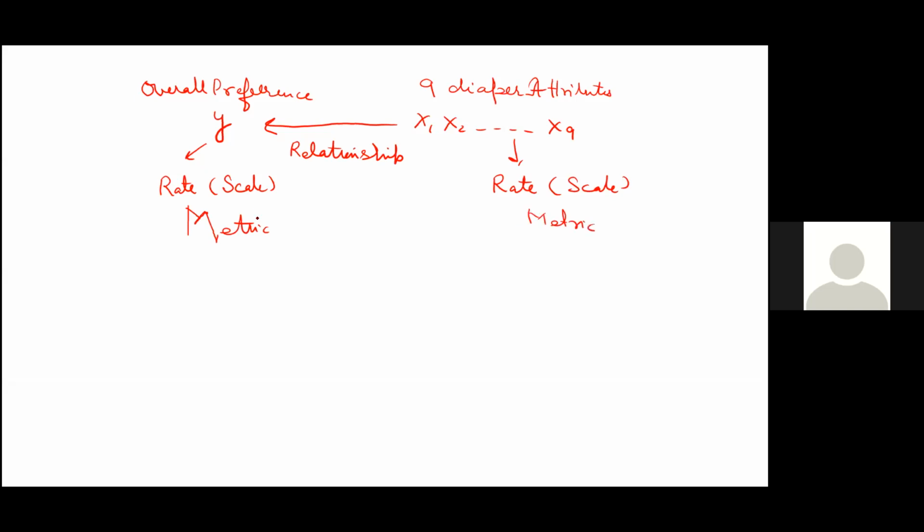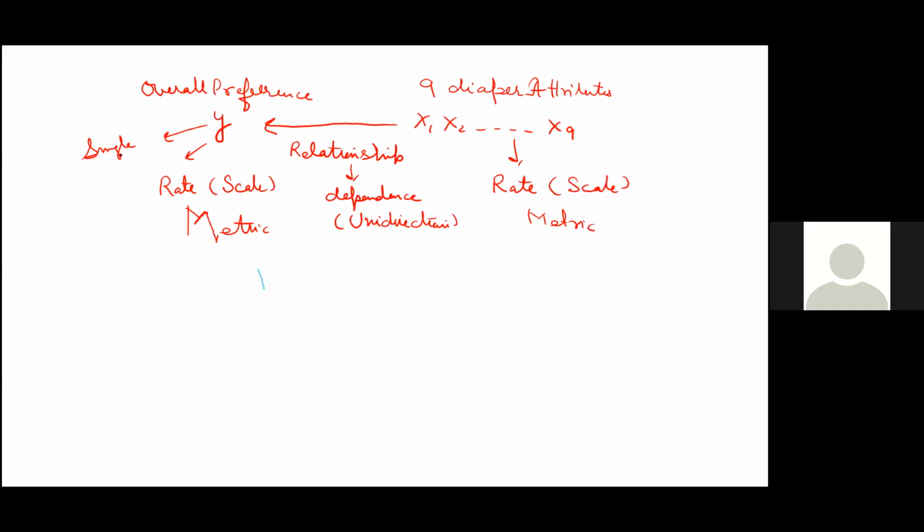So as you know, here the thing is, number one, y is a single variable. So since the direction of the relationship is from these 9 diaper attributes to overall preference, we can say that the relationship is actually dependence in nature. And this dependence relationship is unidirectional. Means the direction of the relationship is from x1, x2, x9 to y.